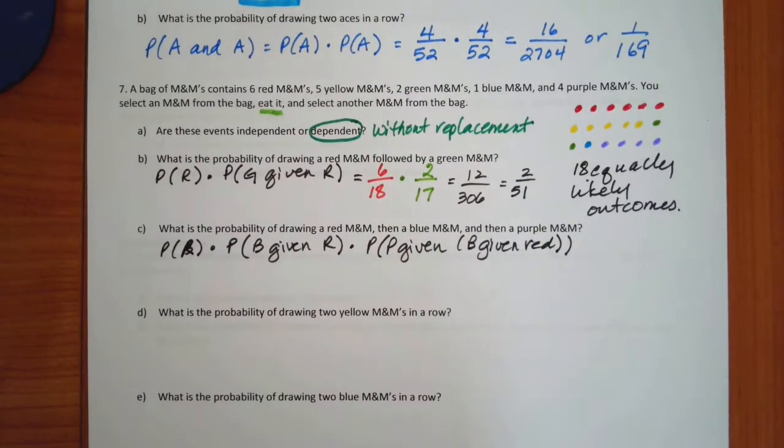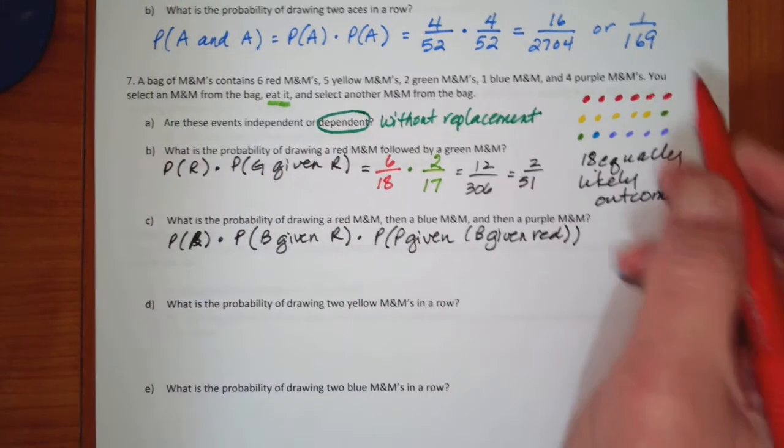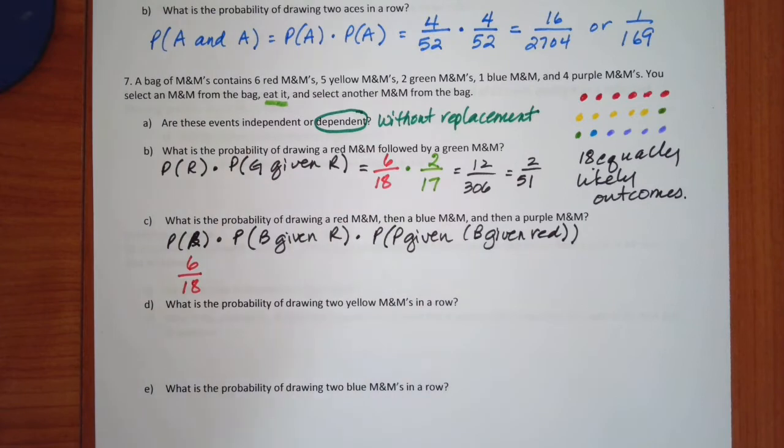Okay, so what's going to happen on each of these is the number of M&Ms in the bag are changing. It's going down by 1 because you're eating them. Okay, so the probability of a red, if you start out, there are 6 out of 18. Now the probability of a blue.